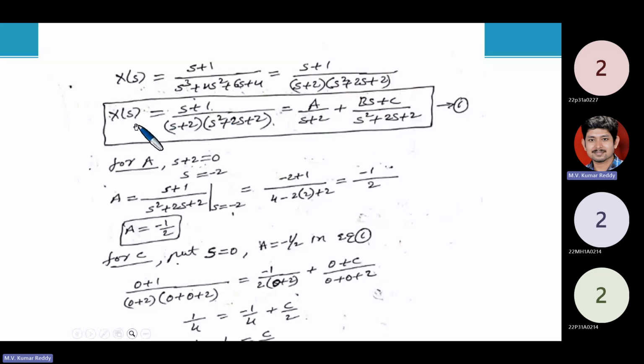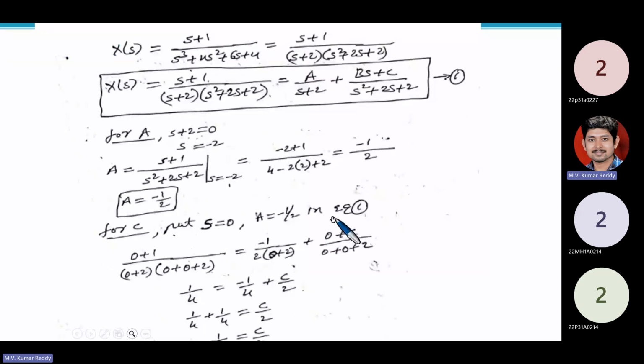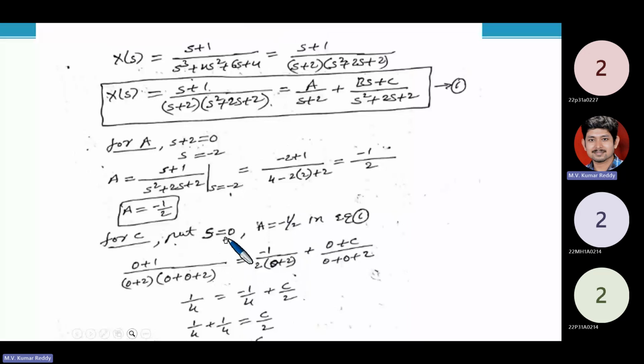It is better to write it in the exam like this: the total term and the partial fractions term are equal, so that we can write it on substituting the value. So put s equal to 0 in the total equation, and a is equal to minus 1 by 2, as we already know, in equation 1.